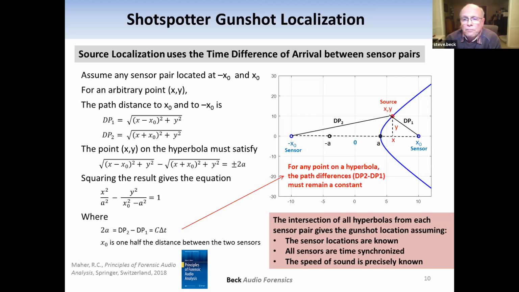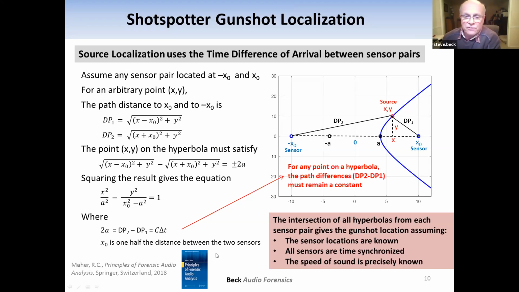Well, it turns out that you can locate that source somewhere along a hyperbola, okay? And that hyperbola defines where these time differences are all the same, okay? So if you have this time difference of arrival between these two sensors, you can compute the hyperbola of constant time differences.